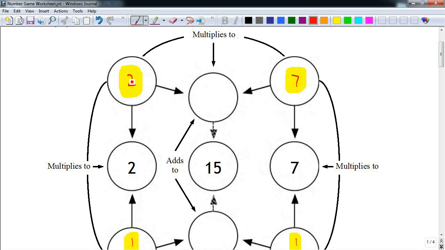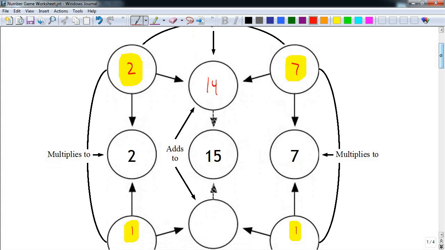If I multiply this 2 and this 7 together, I get a 14. If I multiply the 1s together, I get a 1, and those two numbers add up to 15. So here's the solution to this particular number game.